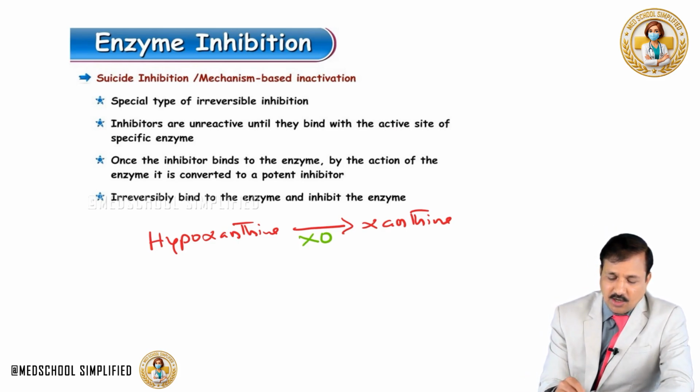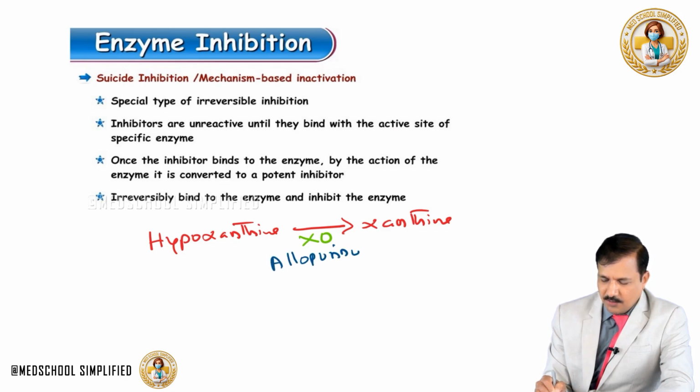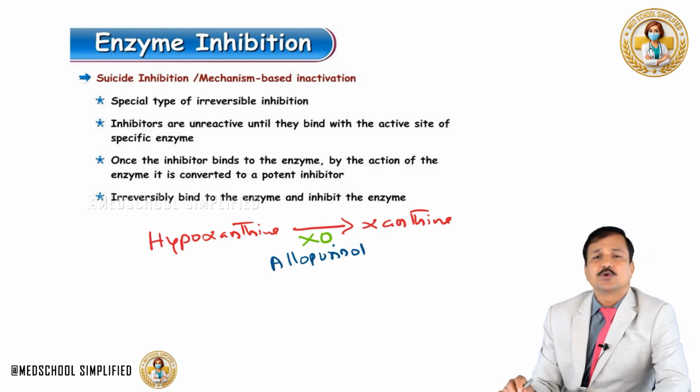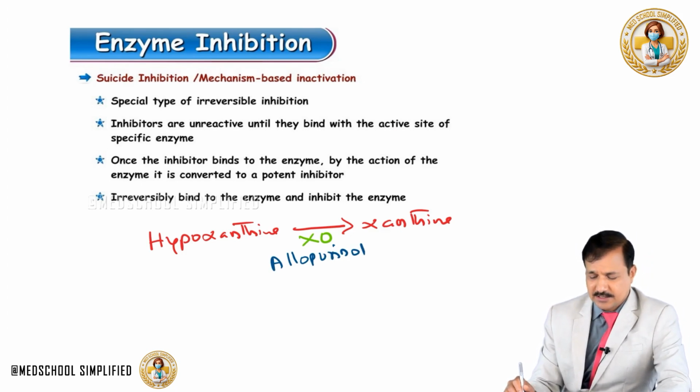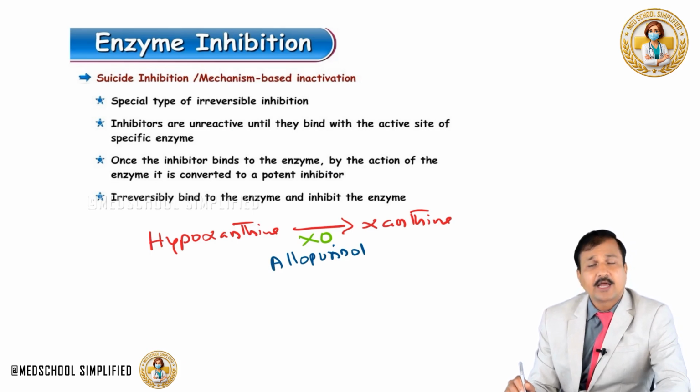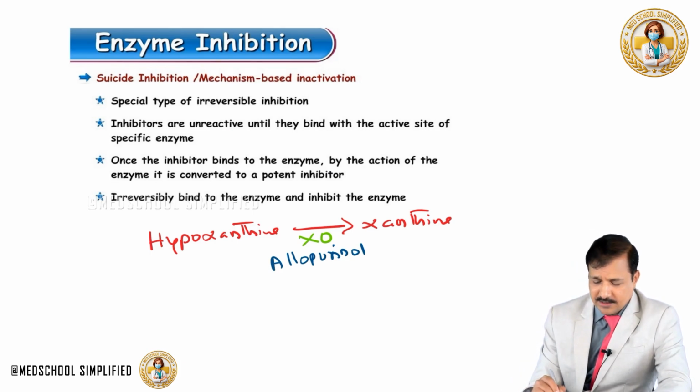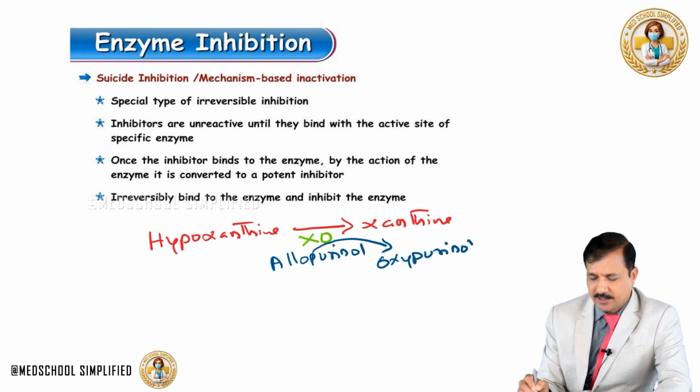There is a drug called allopurinol. This allopurinol is a suicidal inhibitor of xanthine oxidase. Xanthine oxidase can also act on allopurinol, and allopurinol is catalyzed by xanthine oxidase. Similarly, how hypoxanthine was converted into xanthine, allopurinol is also converted into oxypurinol. It is done by xanthine oxidase.